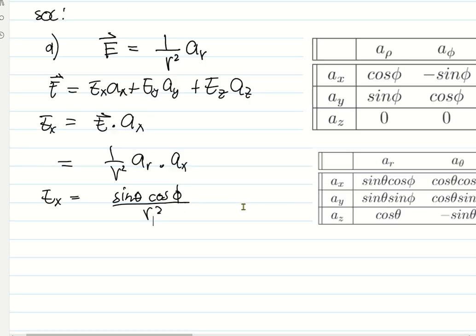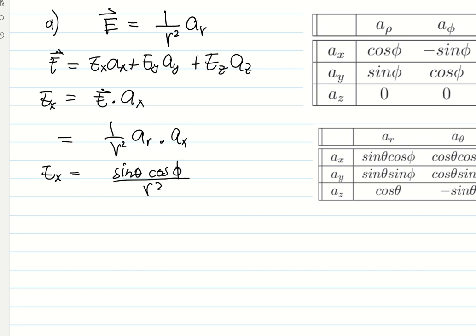Then next, for the y component, E_y, we need to convert this also. This is not in the rectangular coordinates. Theta, phi, and r are not in rectangular coordinates. But we know our conversion before. If you remember the formula for x, it is r sine theta cosine of phi.